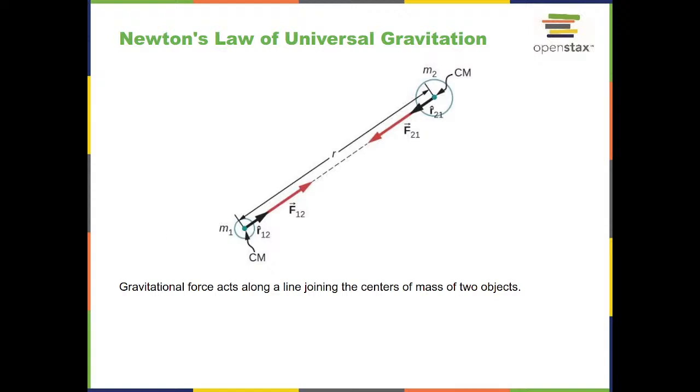Now we're going to write down the force between those two masses, and we're going to assume that the entire mass is at the center of mass of this point. So we only have to think about this as point masses, and that works well for small masses, small compared to the distance between the two.